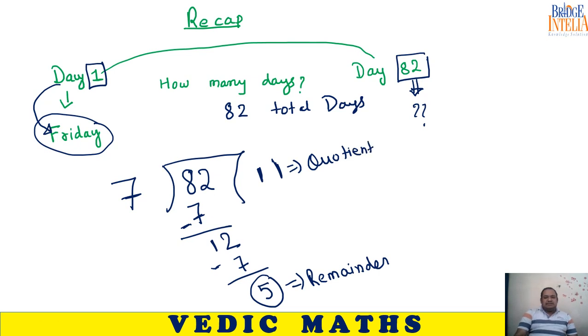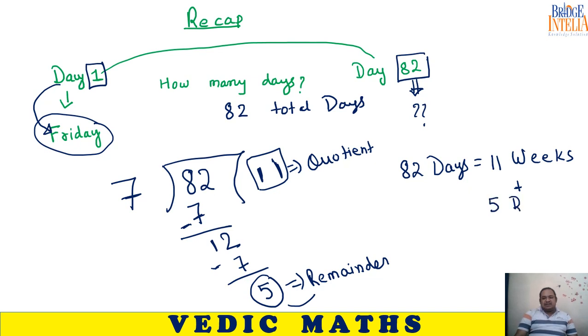So this basically means 82 days is equal to 11 complete weeks plus the remainder, which is 5 extra days.